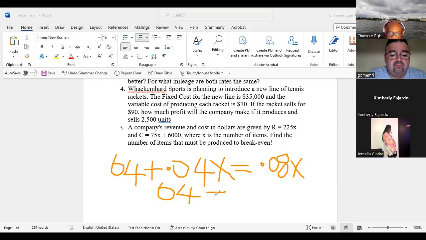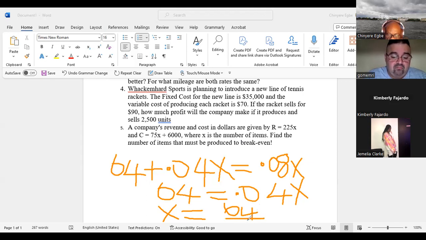So 64 equals 0.04x, because when you move the 0.04 to the other side, it becomes 0.08 minus 0.04, which gives you 0.04x. Am I correct? Yeah. Okay, so then x equals 64 over 0.04.